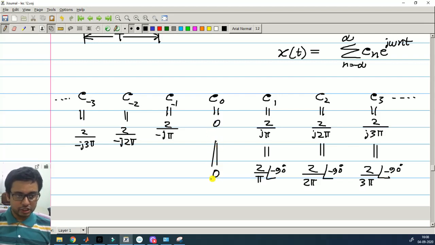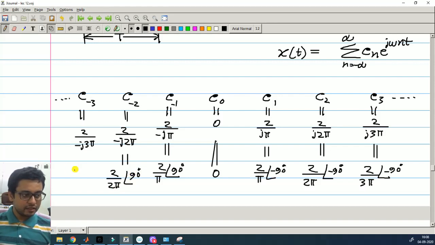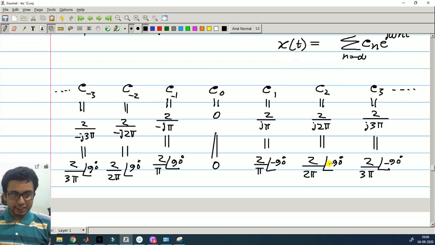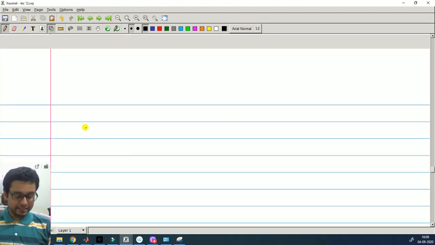This is 0. It has magnitude of 2 over pi and angle plus 90 degree. For this, 2 over 2 pi with angle plus 90 degree, here 2 over 3 pi with angle plus 90 degree.